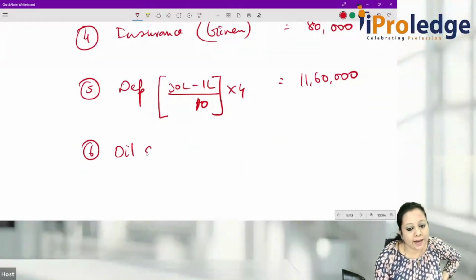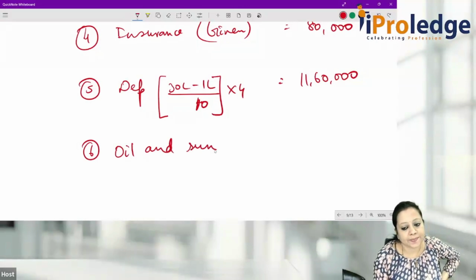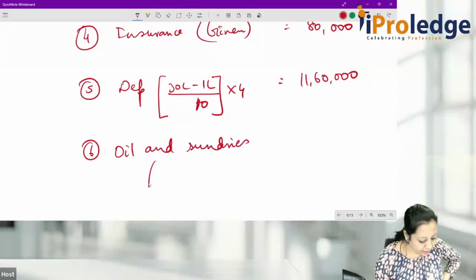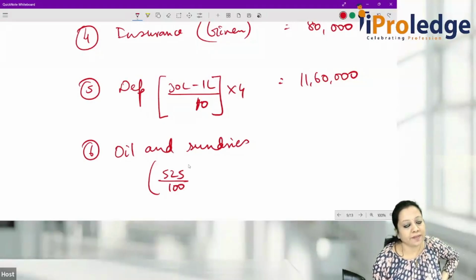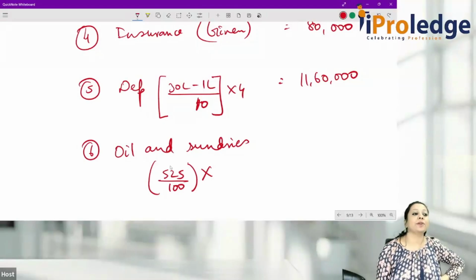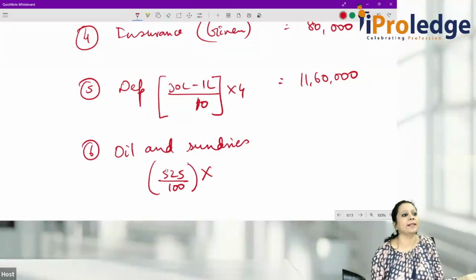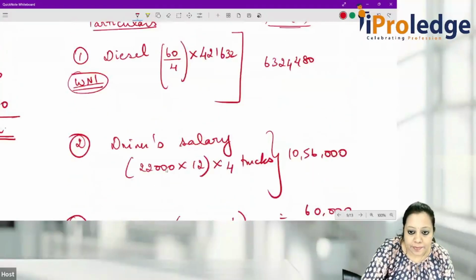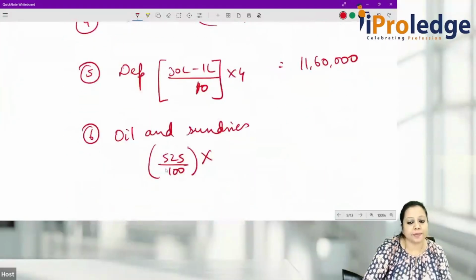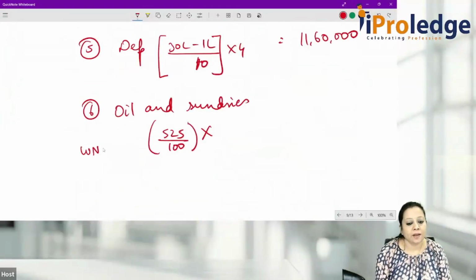Next one, oil and sundries. 525 per 100 kilometers. So 525 divided by 100 into how many kilometers? This also will not be for kilometers. Obviously, oil and other maintenance charges. So it is going to be 4,21,632, working note number 1, 4,21,632.